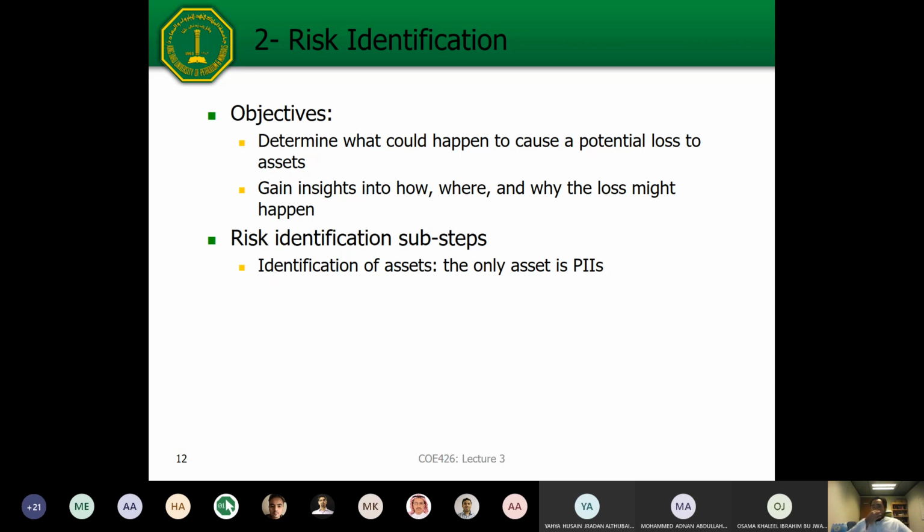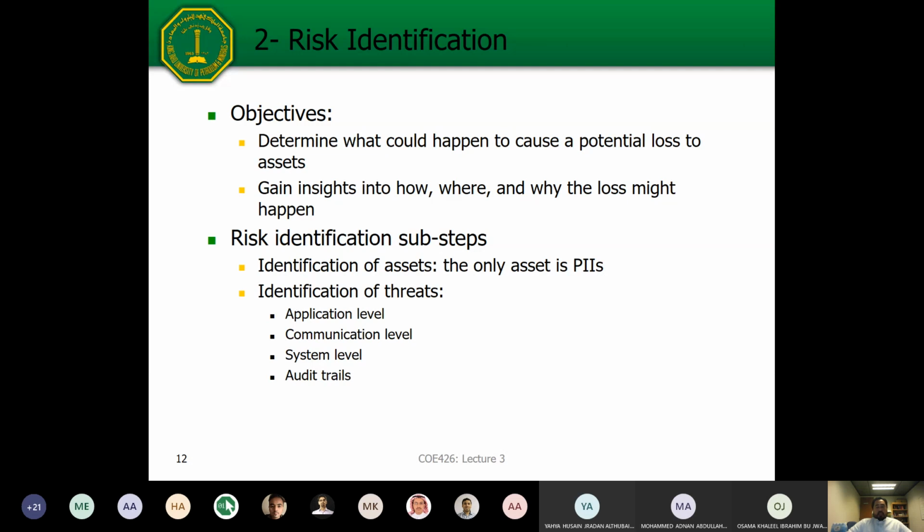There are many tips or guidelines on how to identify the risk. First, identify the assets. Because we are focusing more on privacy risk rather than security risk, we are only concerned about the assets which are the PIIs, the personally identifiable information. Then you need to identify the threats that might happen, either at the application level.